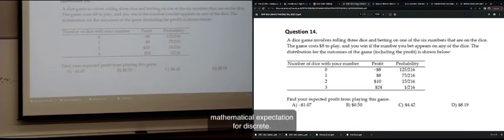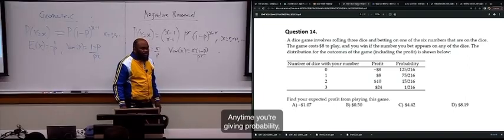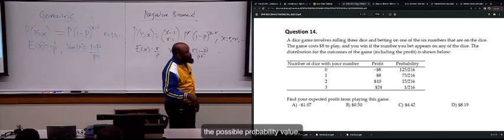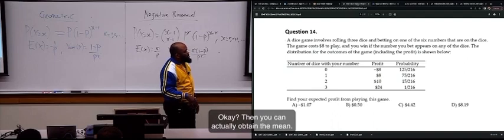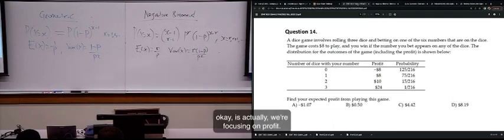Mathematical expectation for discrete. Anytime you are given probability and you are given a random variable with its possible probability values, then you can actually obtain the mean. The expectation of the mean is what we're focusing on, and here we're focusing on profit.